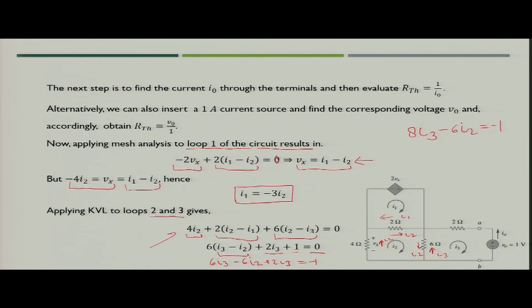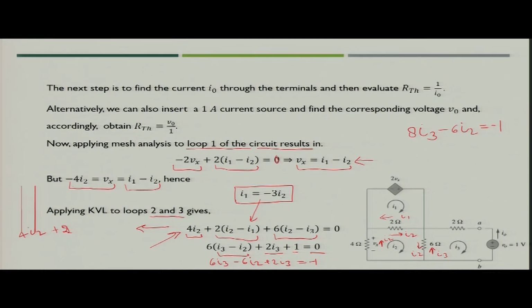Now, if you simplify this equation, what will you get? You get 4 I2 plus 2 I2 and then minus I1. So what you will do is put the value of I1 here, and the equation simplifies as 4 I2 plus 2 times, since you put the value of I1 as minus 3 I2, this will become 4 I2.